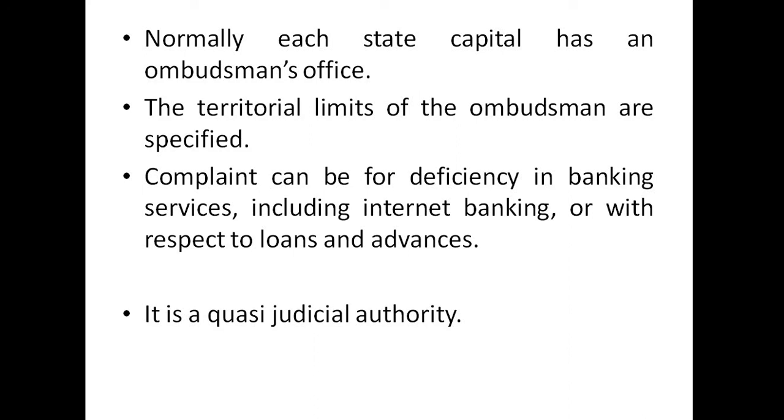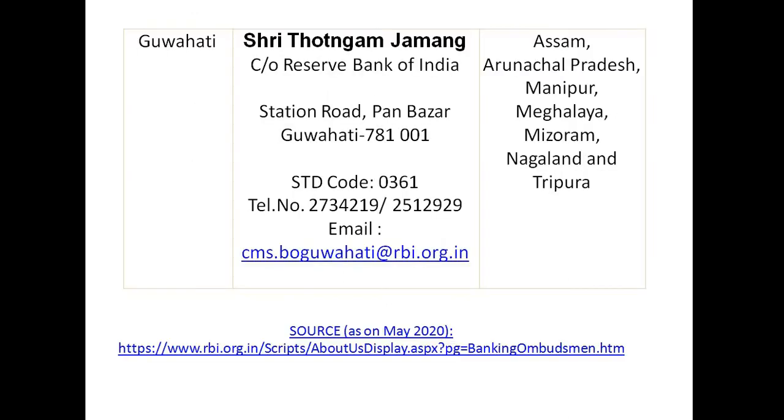And it is a quasi-judicial authority. You can see from here that for the states of Assam, Arunachal Pradesh, Manipur, Meghalaya, Mizoram, Nagaland, and Tripura, that is our northeastern states, we have one ombudsman whose office is located in Guwahati. You can get all these details from the RBI website.